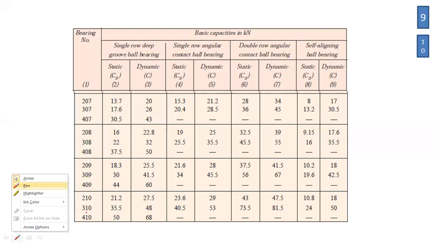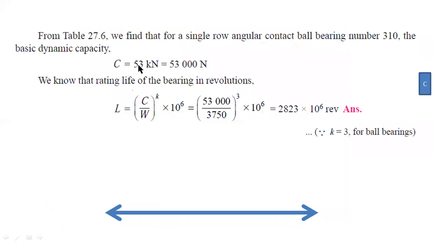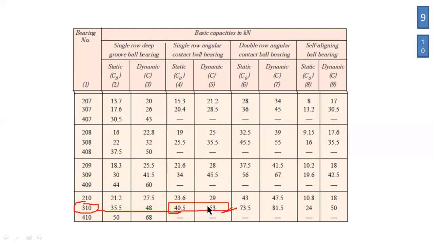The corresponding values are C naught equal to 40.5 and C equal to 53 kilonewtons. So I consider capital C equal to 53 from the data handbook.